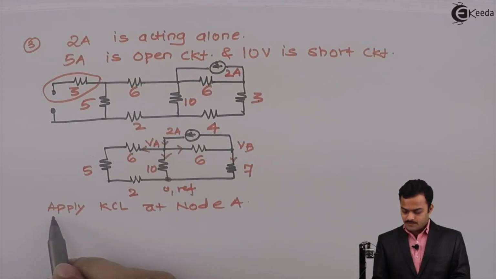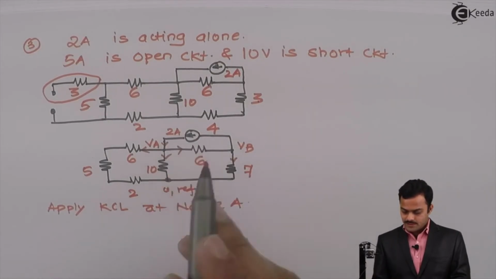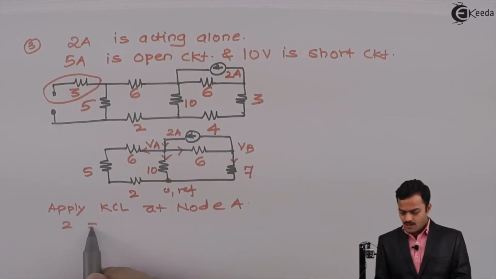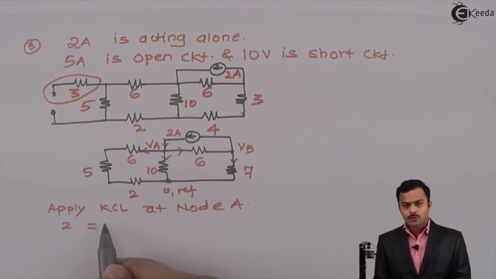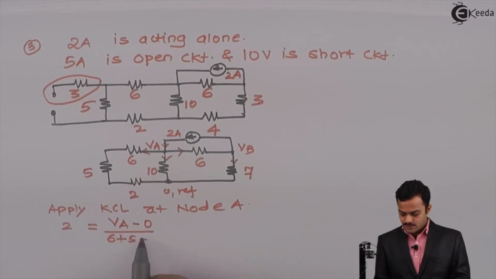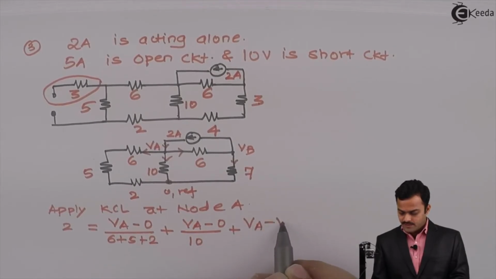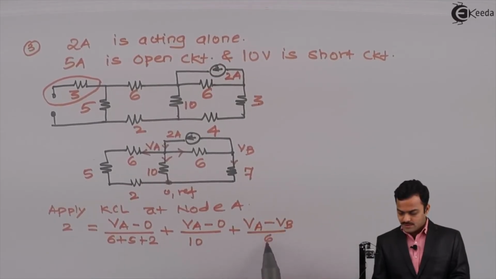So after applying KCL at node A, I'll get 4 branches. One is incoming, that is 2 ampere, and remaining 3 are outgoing. So I'll quickly write the equation for that. (VA minus 0) divided by 6 plus 5 plus 2 plus (VA minus 0) divided by 10 plus (VA minus VB) divided by 6.